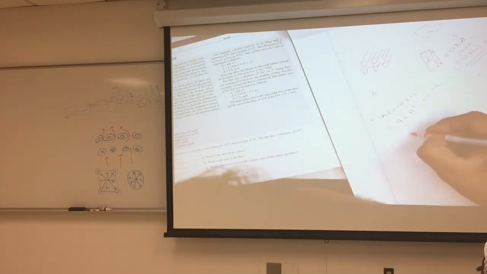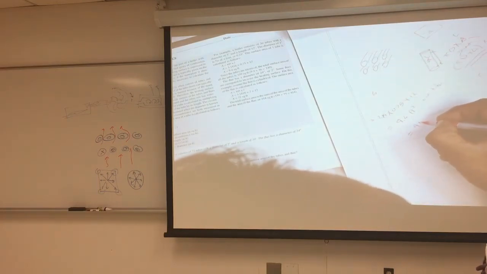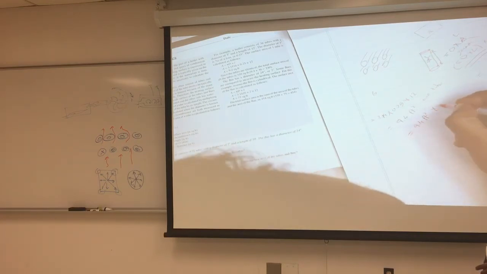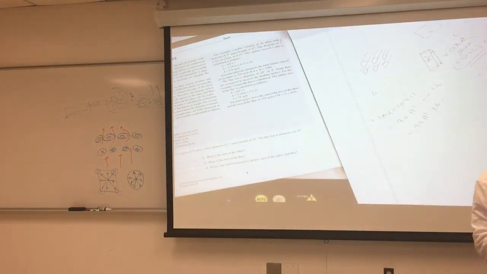And if I have 6 tubes here, I'm going to multiply 9.4 square feet times 6. And in this case, it's different. It's not 36, it's a smaller one.